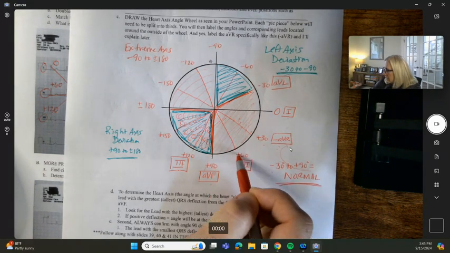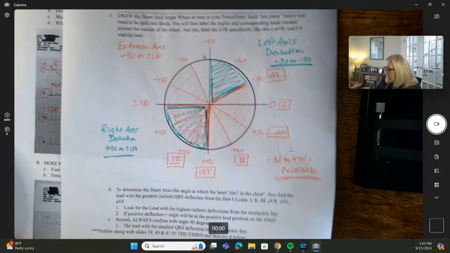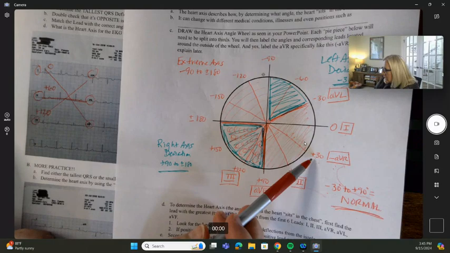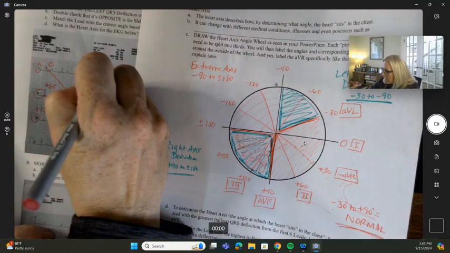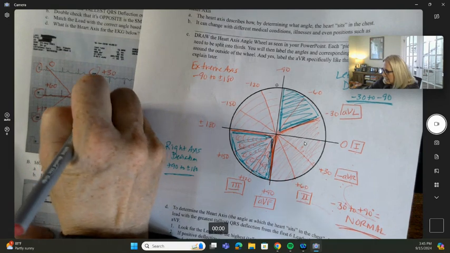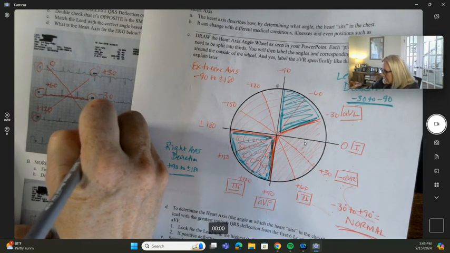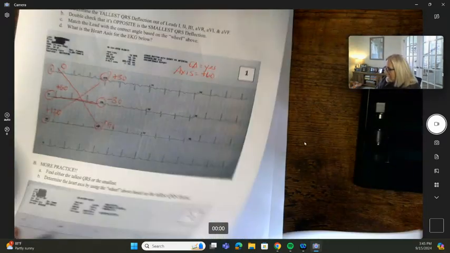Lead 2 is 60. Lead 3 is 120. 0, 60, 120. Okay. So when we come over here to AVR, AVR, as we can see, is positive 30. AVL is negative 30. And AVF is positive 90. So they will always be that.